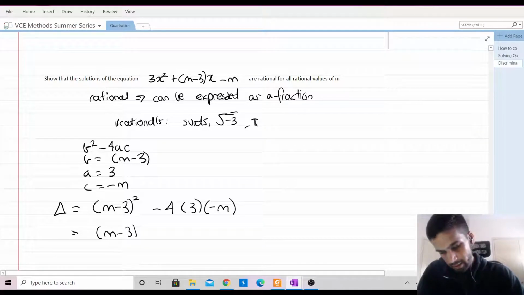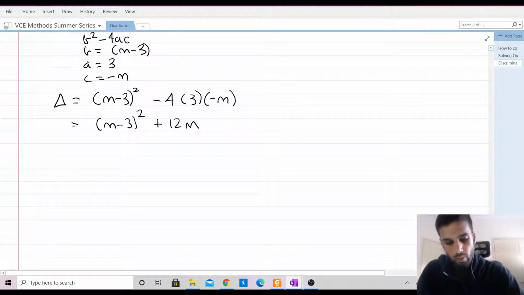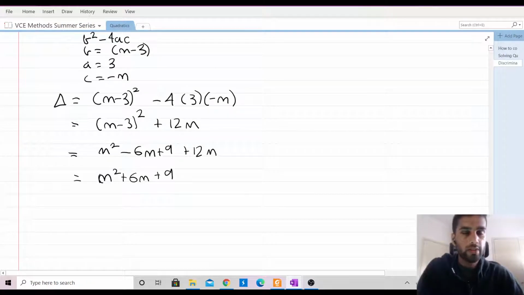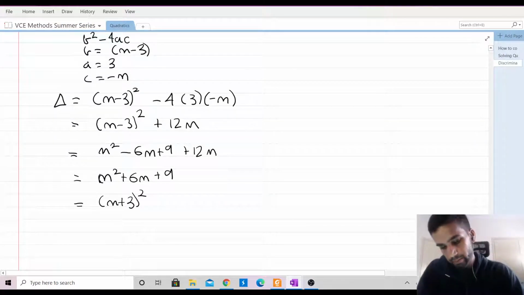So we have m minus 3 squared plus 12m. We're going to expand this out. So m squared minus 6m plus 9 plus 12m. That's m squared plus 6m plus 9. If we then refactorize this, we actually end up with m plus 3 squared.